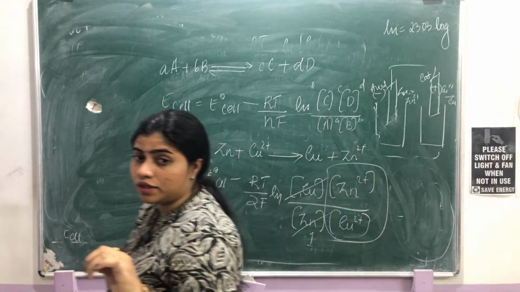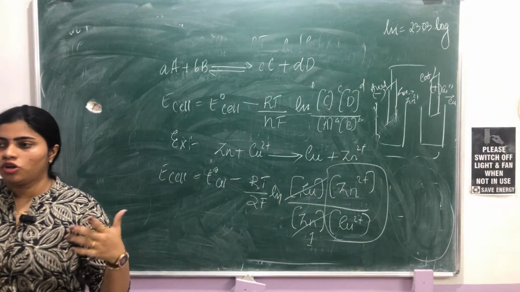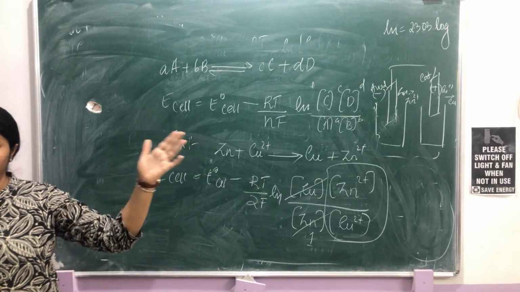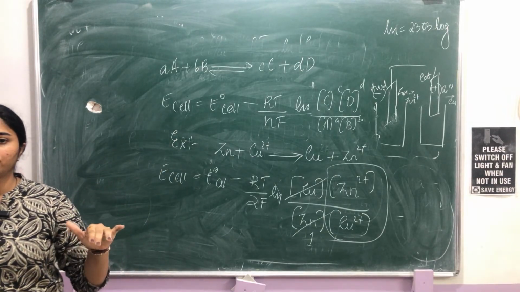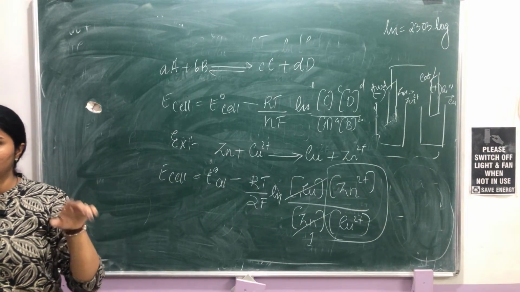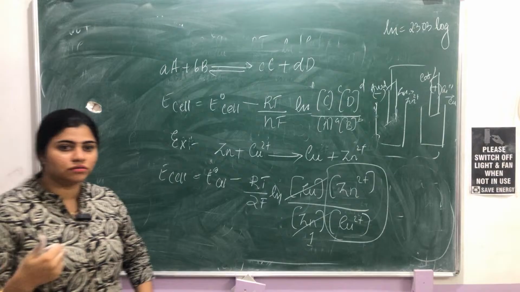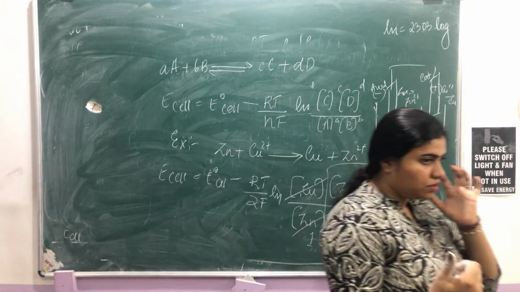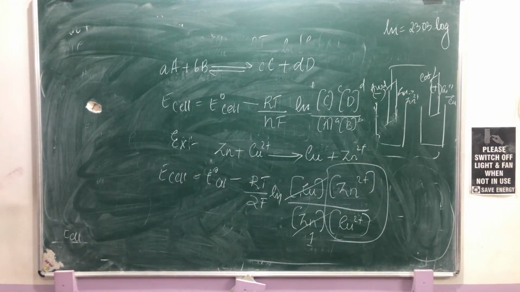E cell is equal to E naught cell minus RT by nF, ln of M divided by Mn plus. What is R? What is T? What is F? What is n?